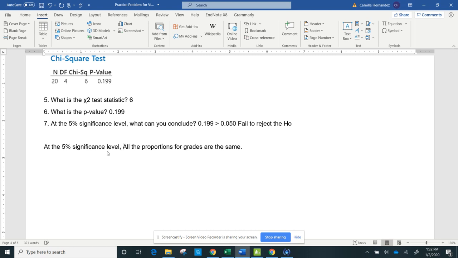Okay, so I've put everything together that I need. At the 5% significance level, all the proportions of grades are the same. So that means that even though the A's, B's, C's, D's, and F's were slightly different in the observed, overall they were pretty similar, and that's what this test shows us.